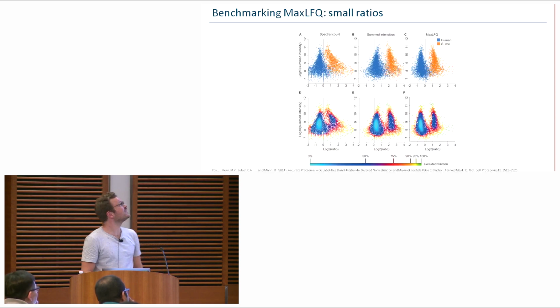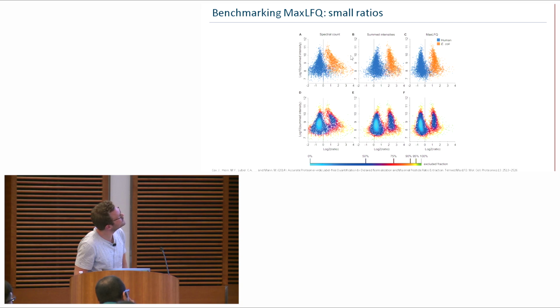In the LFQ paper, MaxLFQ was compared to spectral counting, which is a kind of old-fashioned way, and also to the summed intensities. And as you can see, spectral counting cannot really separate the two species well.